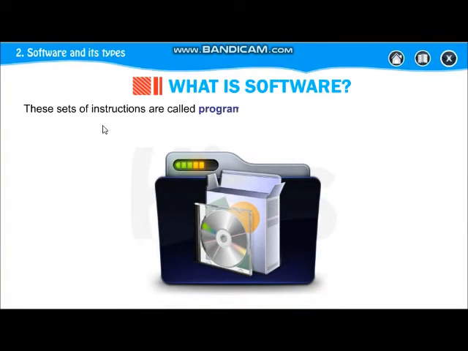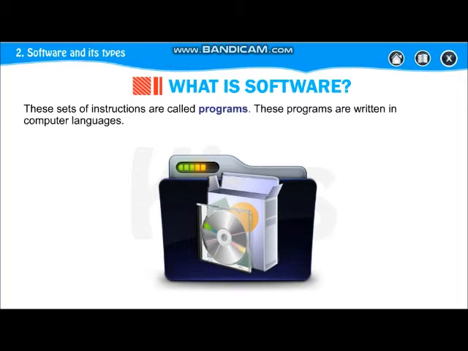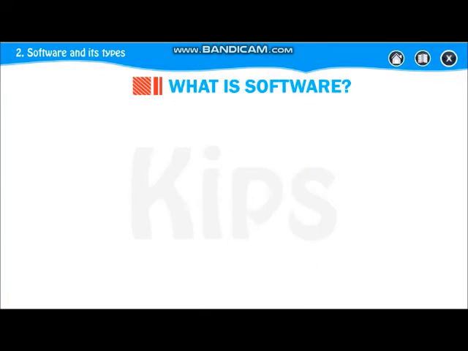Now a set of instructions is called a program, which is stored in our computer. These programs are written in computer languages. They are not written in English or Hindi; they are written in computer languages.